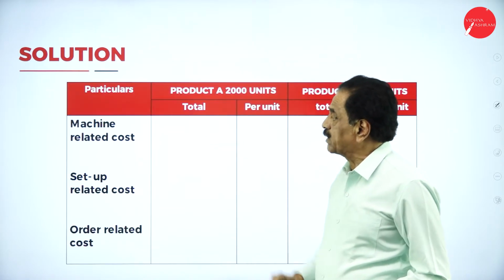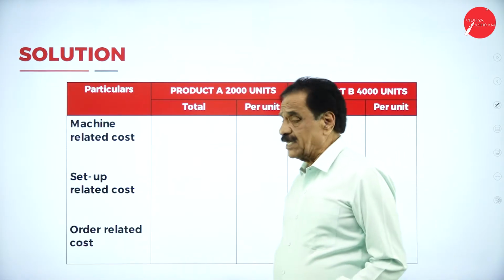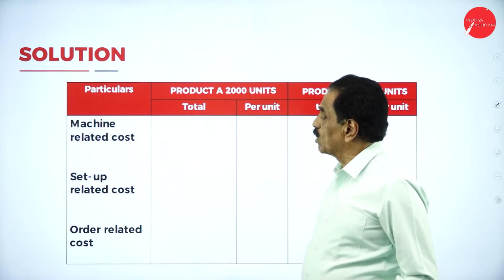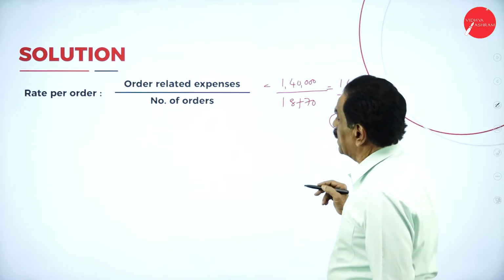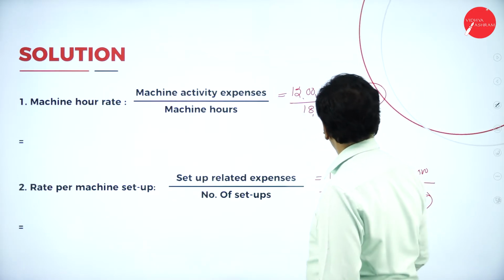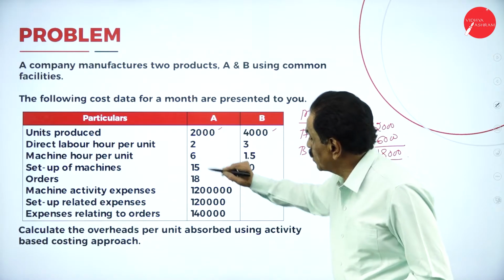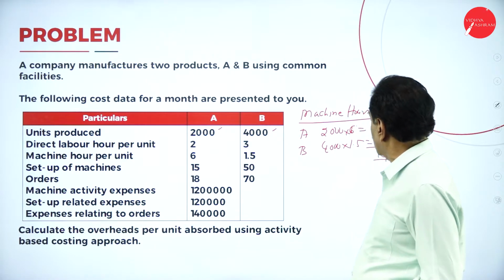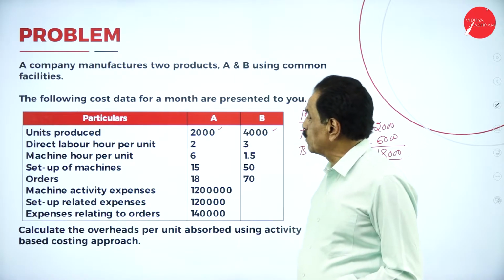Now you put into product A, product B. Machine related cost for how many units? 2,000 units. The machine related cost is 66.67 per hour. For product A, there are 12,000 hours.